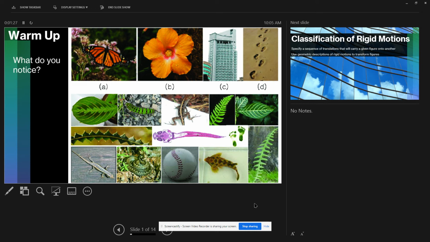Another thing you should be seeing is that a lot of plants have the same pattern going back and forth, and also footsteps in the sand, petals of a flower, things like that. There's a lot of similarities here. They're not too weird actually. It's part of nature.